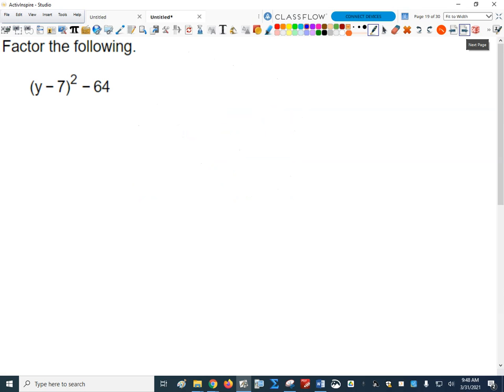Okay, how about this one? Can I write that as something squared minus something squared? Well, the first one is already something squared. What's the something that's being squared in the first term? Y minus 7. It's already done.